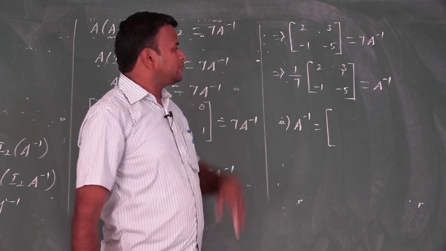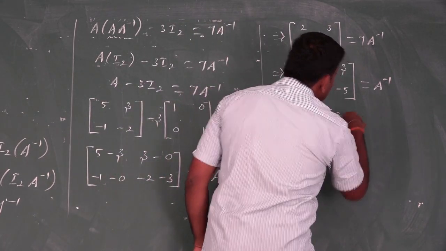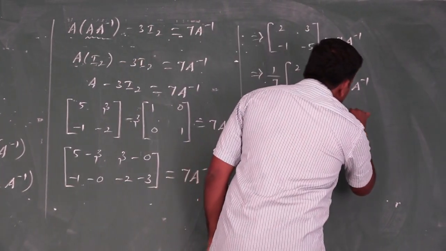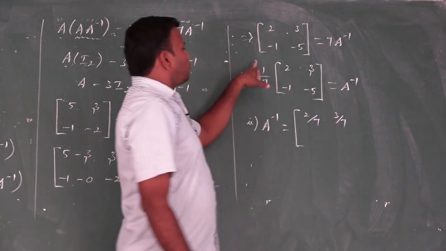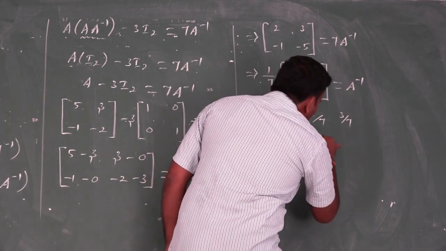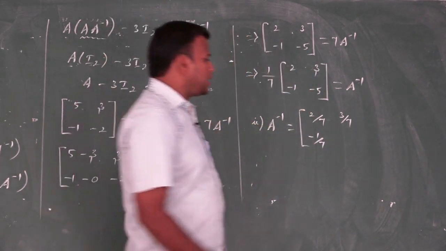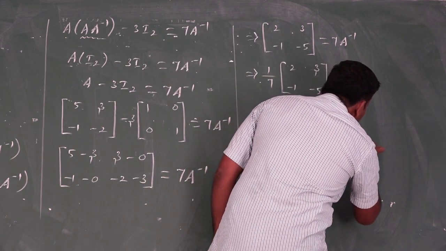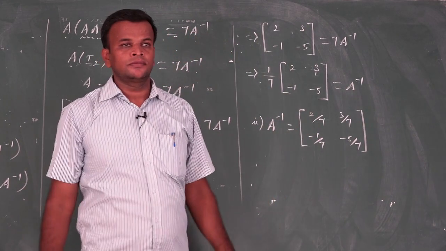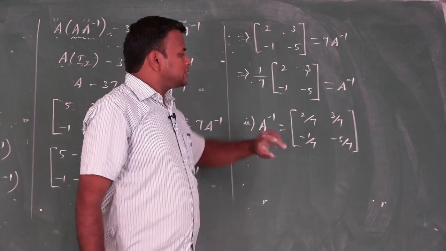So I multiply 1 by 7 inside: 1 by 7 into 2 is 2 by 7. 1 by 7 into 3 becomes 3 by 7. 1 by 7 into minus 1 becomes minus 1 by 7. 1 by 7 into minus 5 is minus 5 by 7. So this is the value of A inverse. We can keep our 1 by 7 outside, or we multiply 1 by 7 inside.